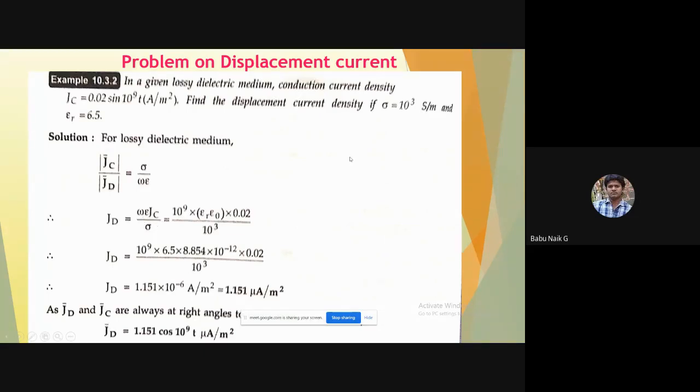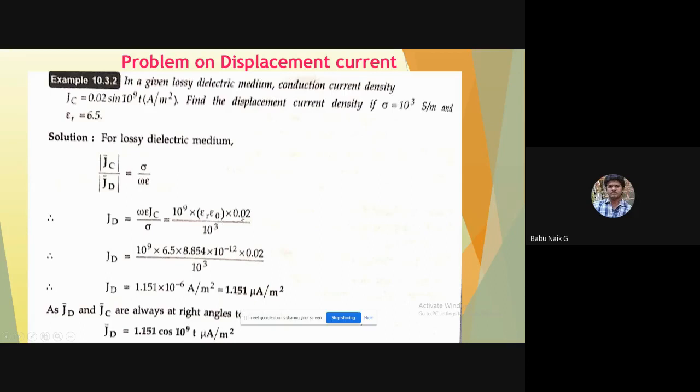Here the conductivity sigma and Jc are given, and epsilon is epsilon r into epsilon naught. From sin omega t, omega is equal to 10 to the power of 9, so you can substitute it here. The relative permittivity is given, so it is not free space. If it were free space, you could consider epsilon r equal to 1. Here it is given as 6.5, so you can calculate the displacement current density.